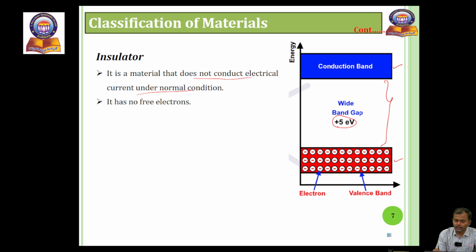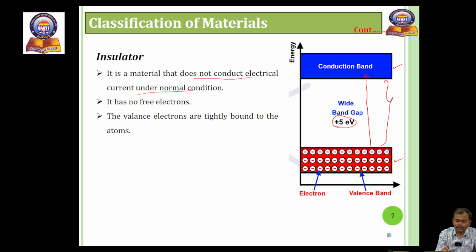In an insulator, the separation between the conduction and valency band is more. So whenever a valency electron moves to the conduction band, a large amount of energy needs to be supplied to it.